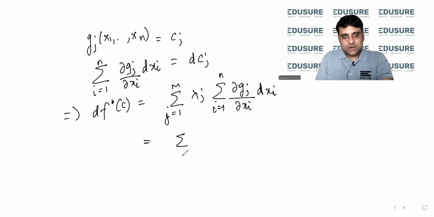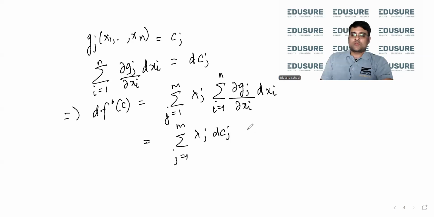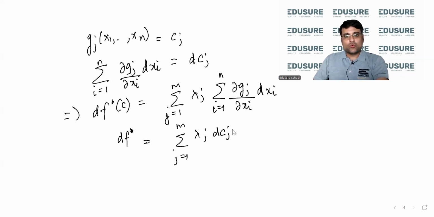So very clearly, df star is nothing but this. So we are able to easily prove the fact that df star over dCi is equal to lambda i.